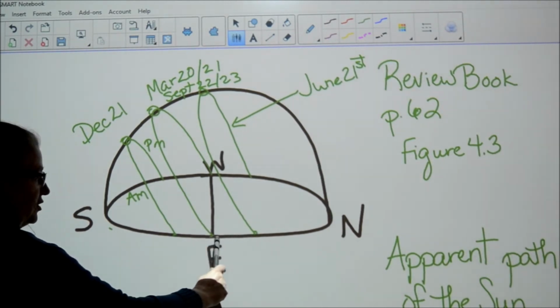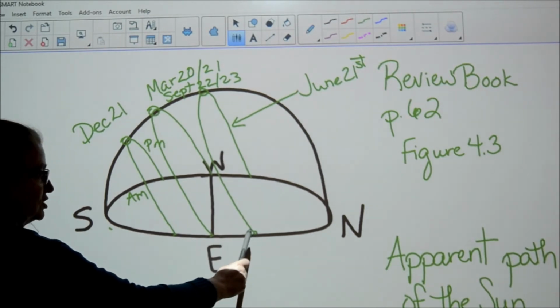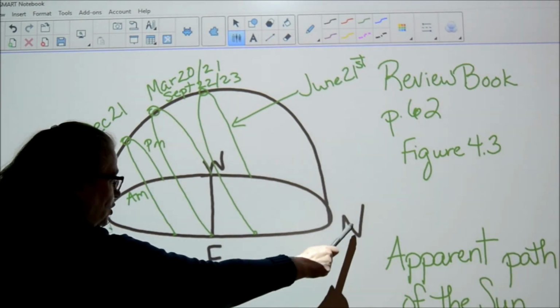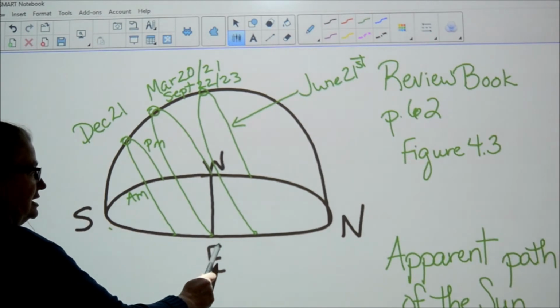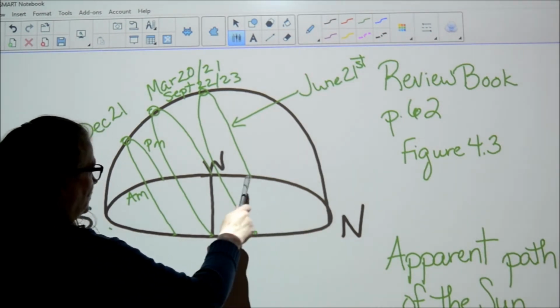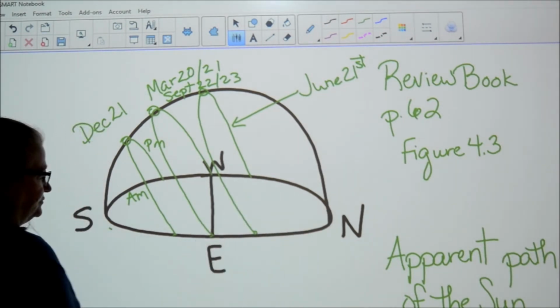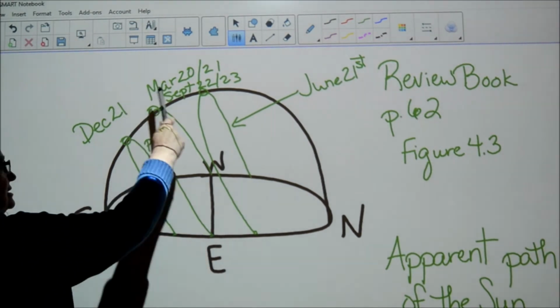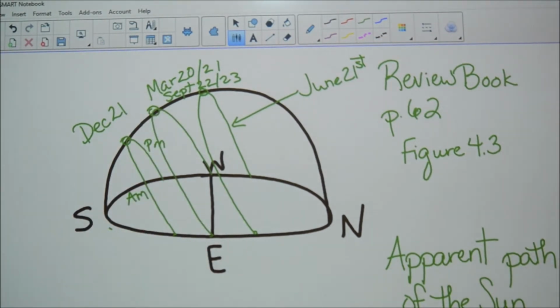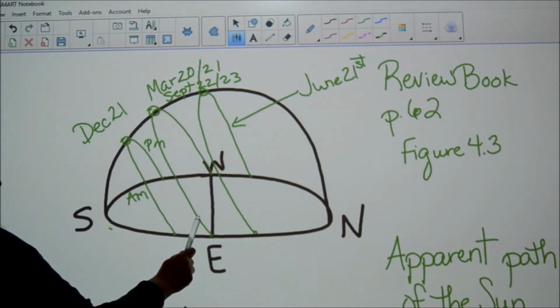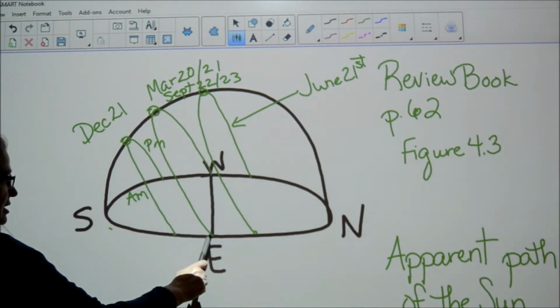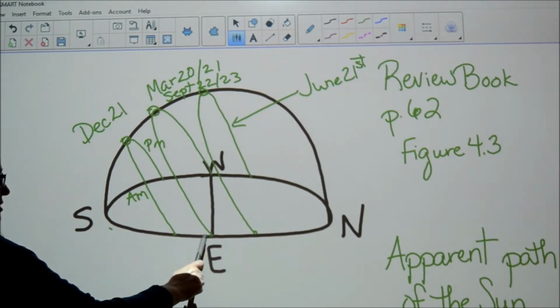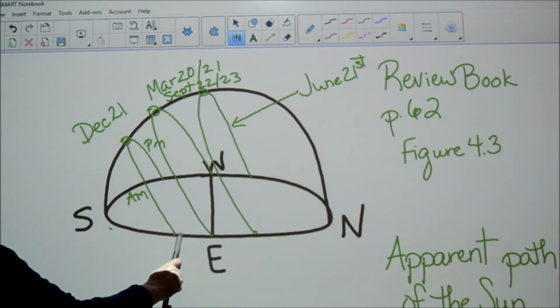All that time before I get to the equinox, my sun is rising north of east, and it is setting north of west over in this area. Get to my equinoxes, rising in the east, setting in the west. So here I am, September 23rd, and September, October, November, December 21st.